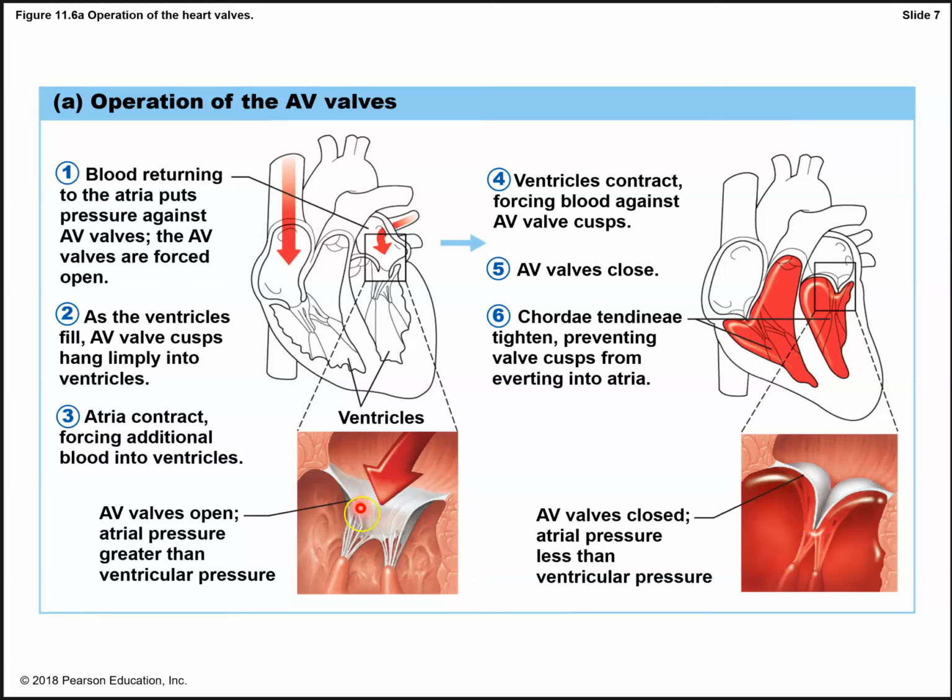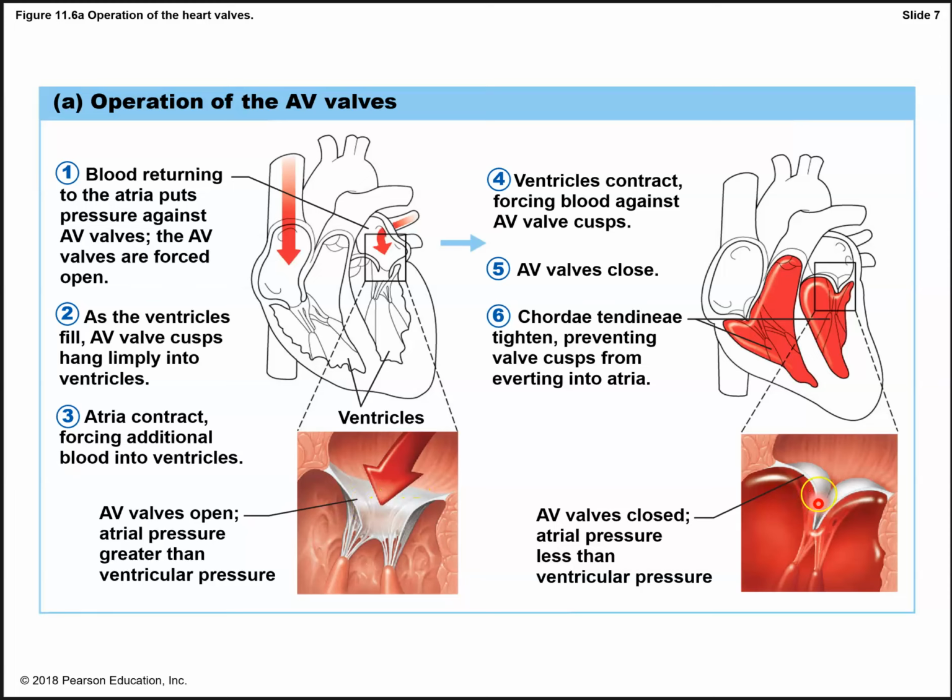So these cords over here, these are known as chordae tendineae. Now, chordae tendineae prevent the backflow of blood from the ventricles back into the atria. So if you look back at the interior view of the heart, you see these white structures known as chordae tendineae. They're present right by the atrioventricular valves.